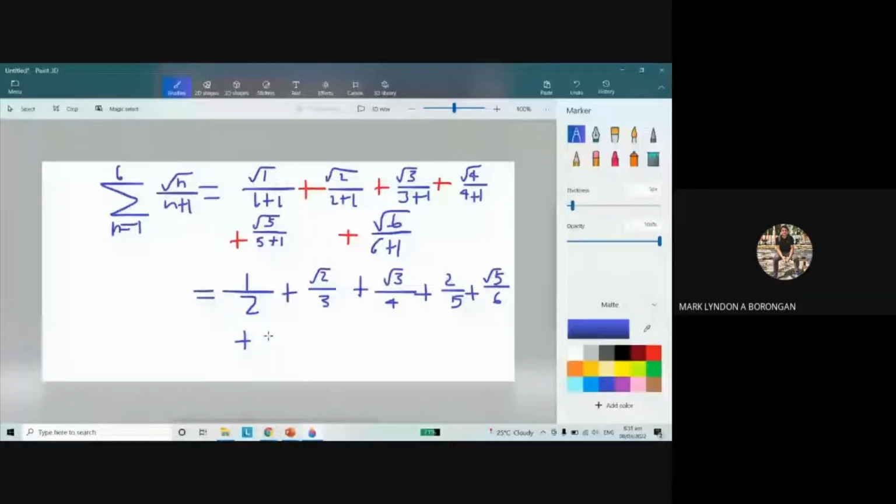The square root of 4 is 2. Then 4 plus 1 is 5 man. So 2 over 5. And then, next is the square root of 5 over 6. Lastly, ang last nga term is the square root of 6 over 7.